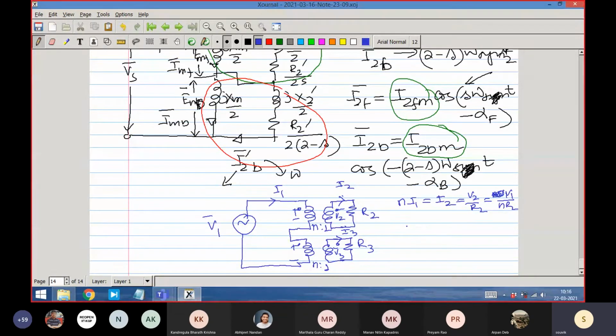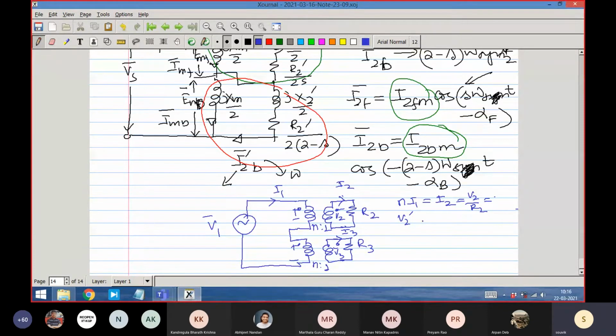So I1 is equal to this. We'll say V2 dash.